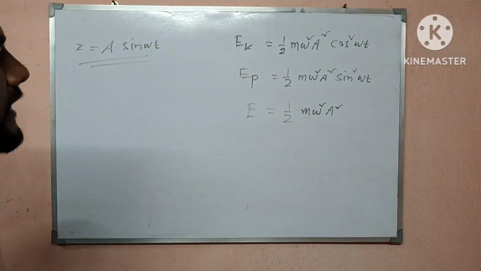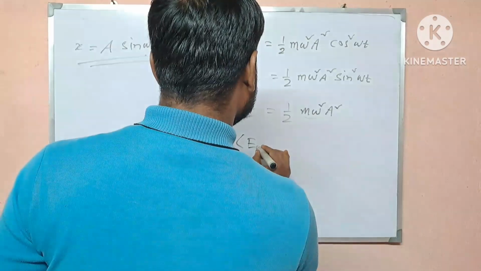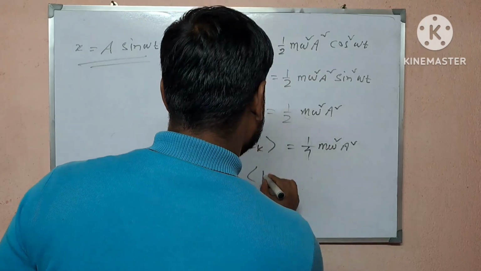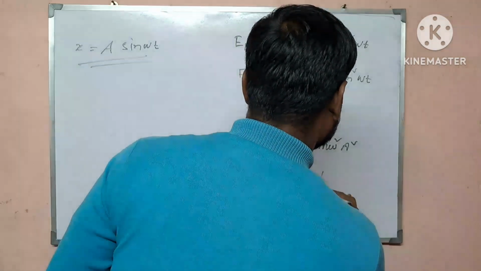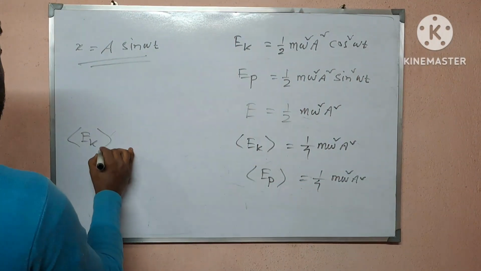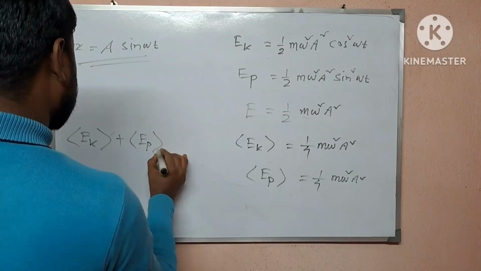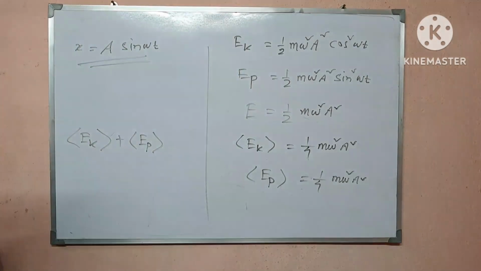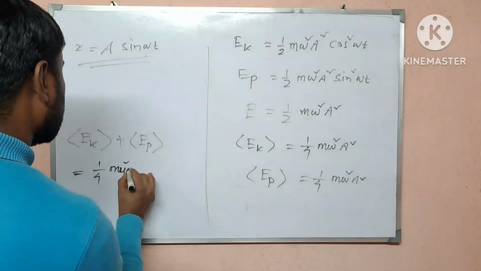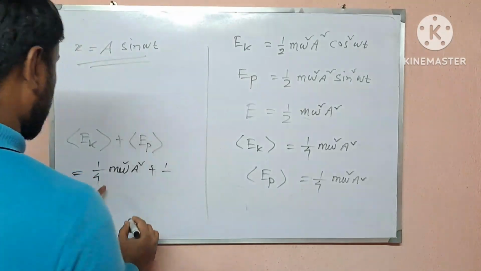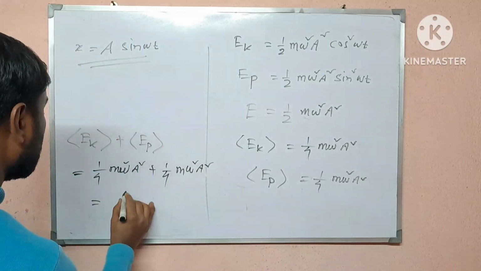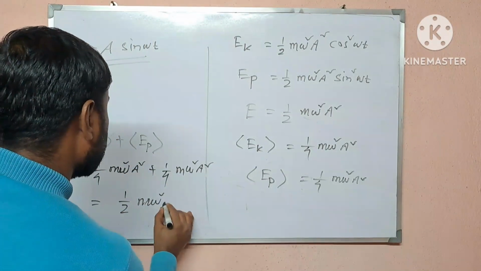Now the funny thing is, if you take the average kinetic energy, that will be 1 by 4 m omega square a square, and the average potential energy is also 1 by 4 m omega square a square. So if you add the average kinetic energy plus the average potential energy, the result is 1 by 4 m omega square a square plus 1 by 4 m omega square a square, which is half of m omega square a square.